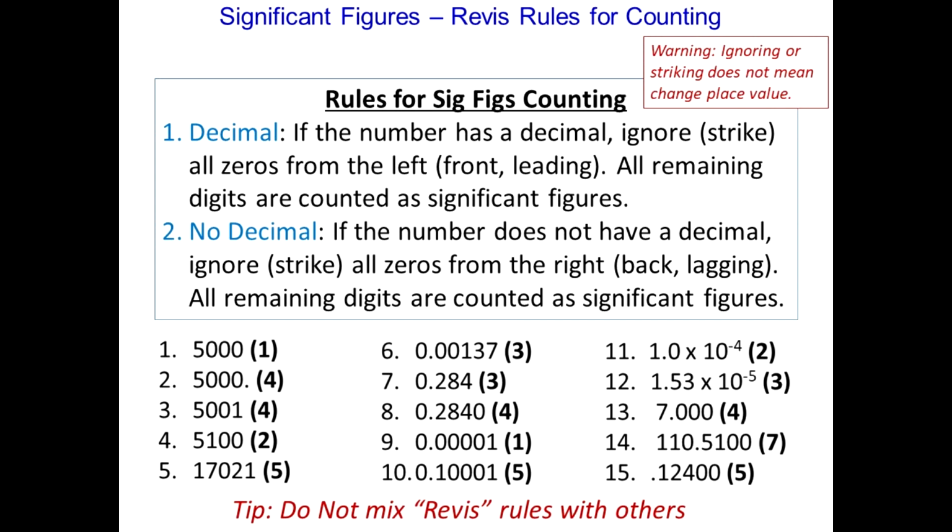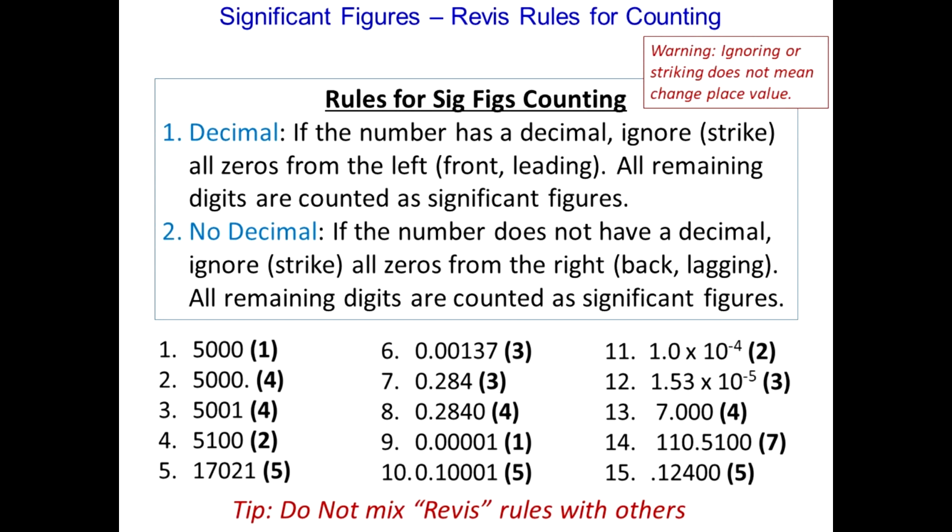Number 4, let's move along. Left or right? Do I strike here? Strike here. Right? Over here? How many sig figs? 2. You see it? Here? Left or right? Right? Anything to strike? So what do we do? Just count them, right? 5 there. Here? Which way do I strike?